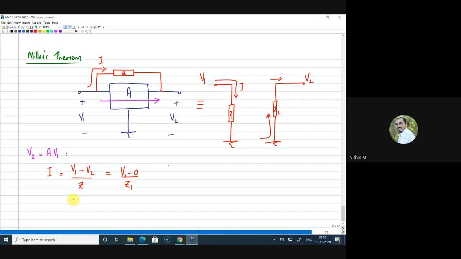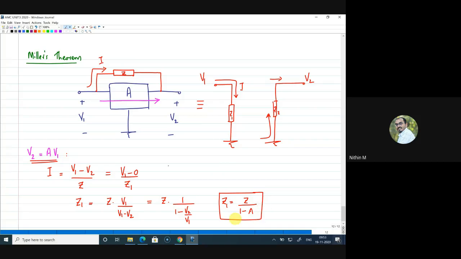I can write that Z1 is equal to Z into V1 divided by V1 minus V2, or this can be further written as Z into 1 by 1 minus V2 by V1. What is V2 by V1? V2 by V1 is actually A. So Z1 can be written as Z divided by 1 minus A.